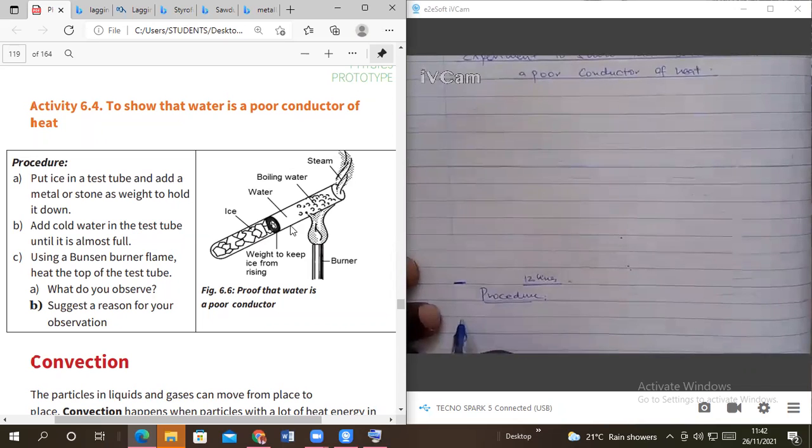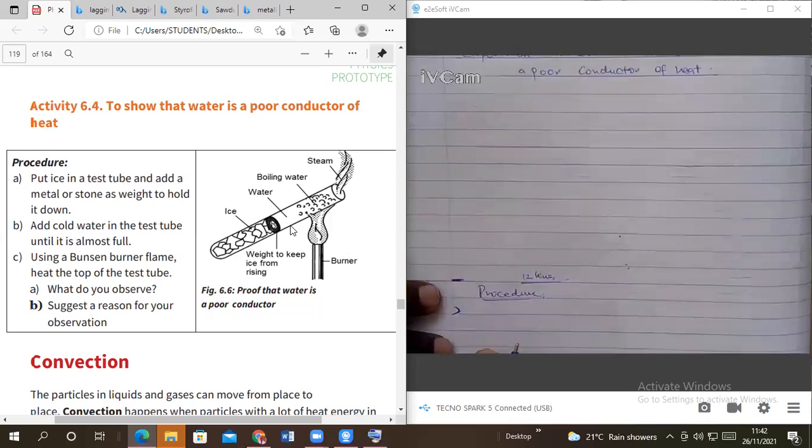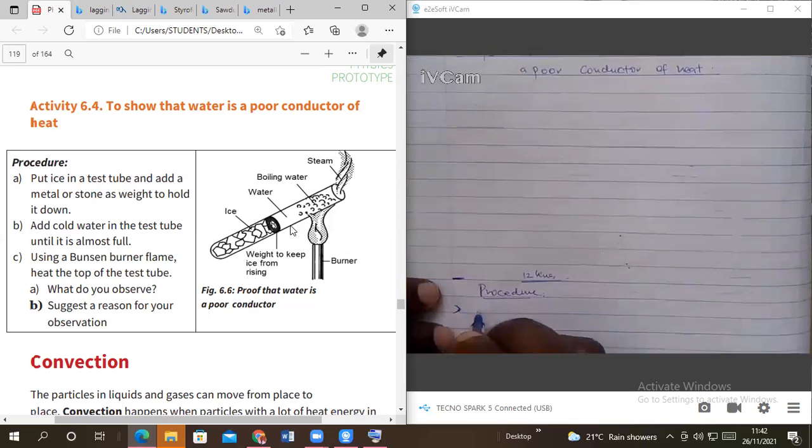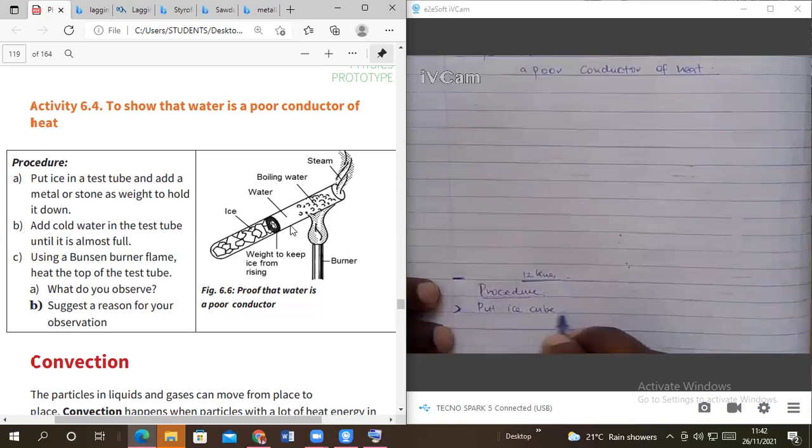So the first procedure is put ice cubes in a test tube.